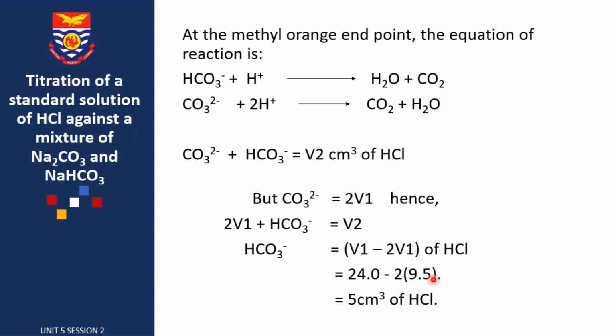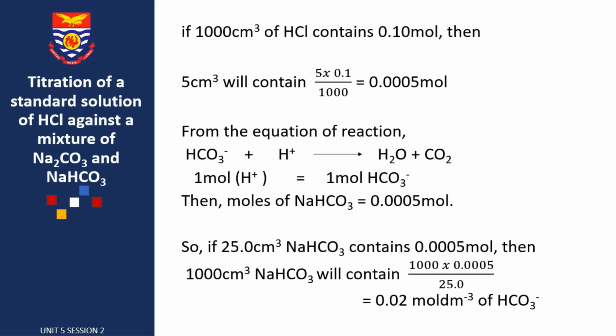Remember, this is coming from the volume of the acid at the phenolphthalein endpoint, and this is the volume of the acid at the methyl orange endpoint. Now that we know the volume of the acid that completely neutralizes the bicarbonate ion, we can convert it into moles considering the concentration, and use mole ratio to find that of the bicarbonate ion.